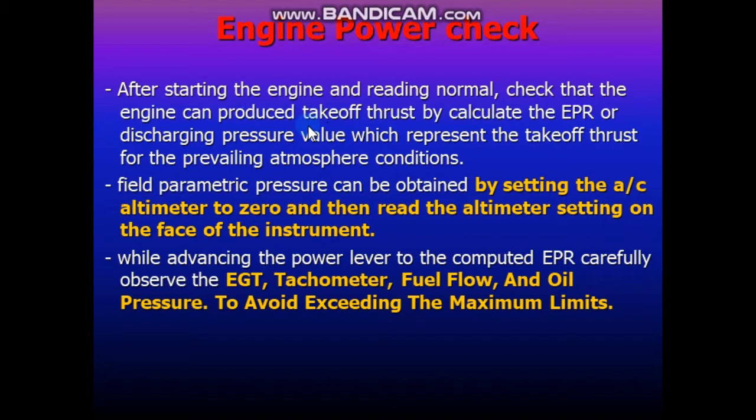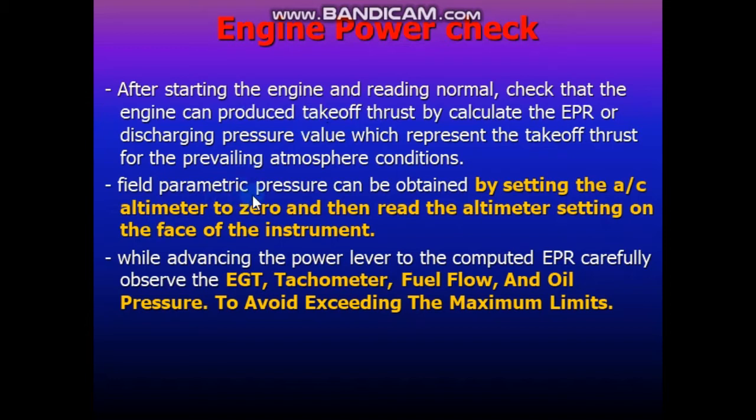After that, you have to calculate the APR, to see whether the power reading was raised or not, to make sure that the engine is working and will produce takeoff thrust.